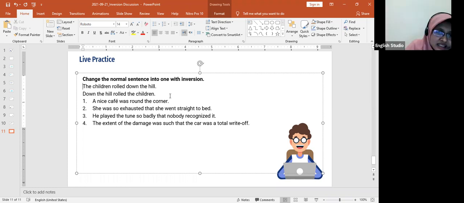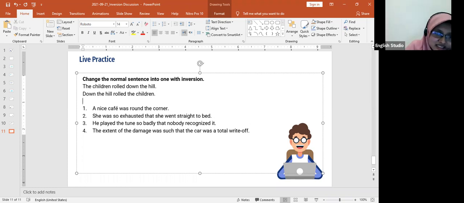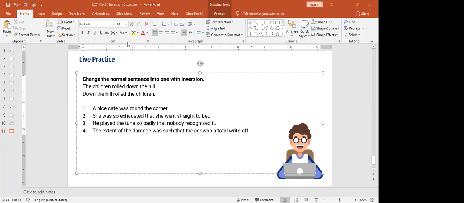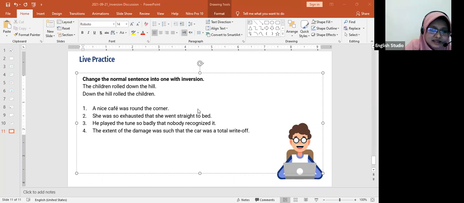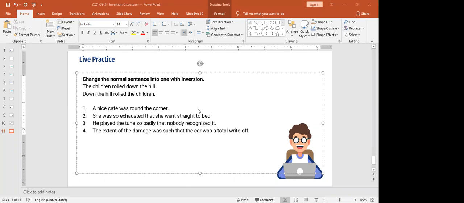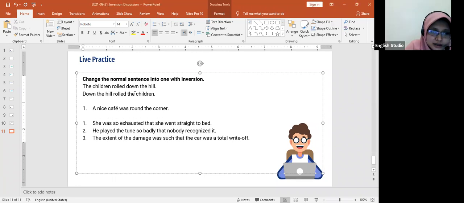And then for the next sentence, anyone? A nice cafe was around the corner. Please invert or reverse the sentence. I will try, Miss. Yes, Miss Indri ya, silakan. Round the corner was a nice cafe. Great ya, iya betul sekali. Jangan lupakan to be-nya ya. Kalau sebelumnya kita pakai verb, kita langsung aja pakai rode ya.